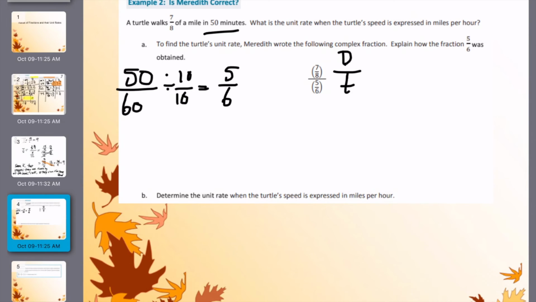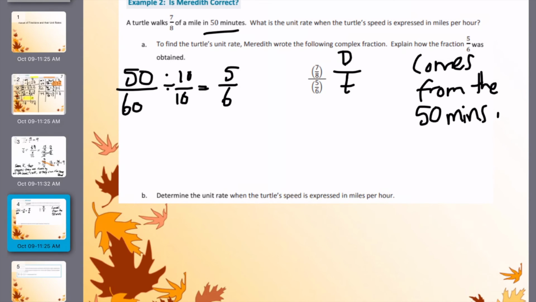In this case, it comes from the 50 minutes. And we want to make sure that, since 60 minutes is equal to 1 hour, 50 minutes can be written as 50 over 60 hours, or 5/6 of an hour.